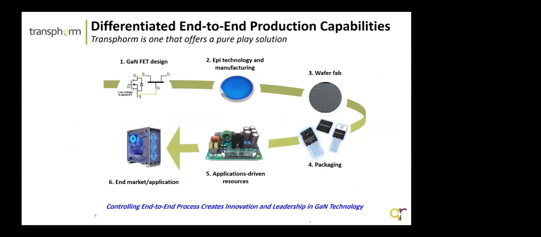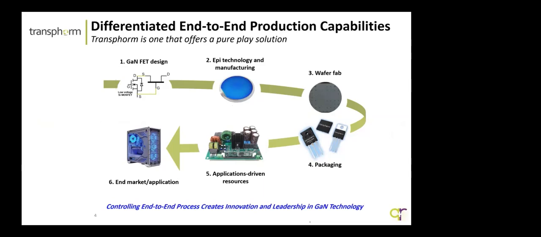So Transform really differentiates itself by being one of the few GaN suppliers in the market that is very well vertically integrated. What I mean here is that we own the GaN FET design, we own the EPI, as well as the wafer process.